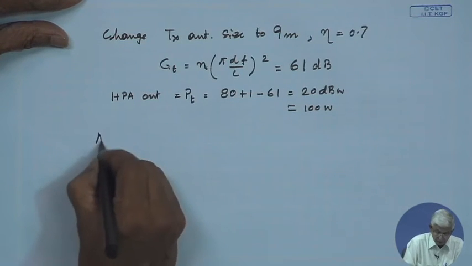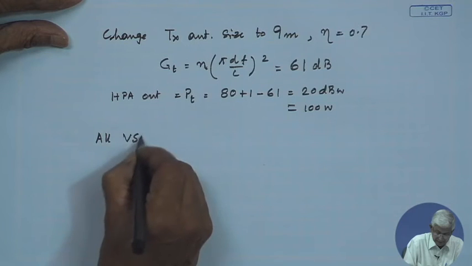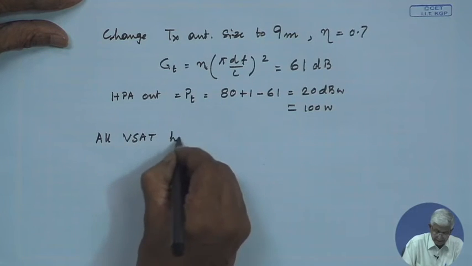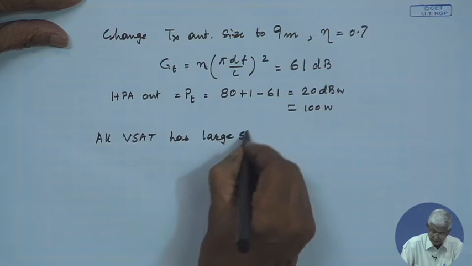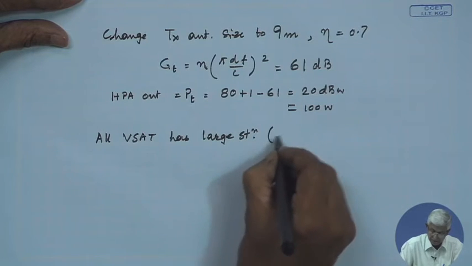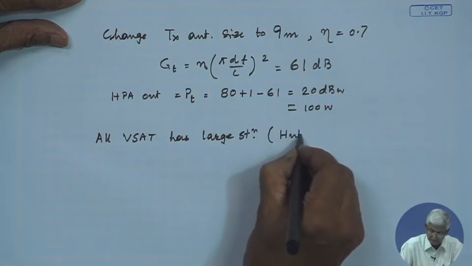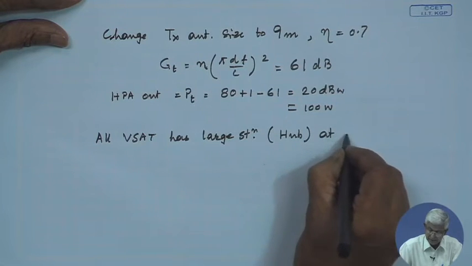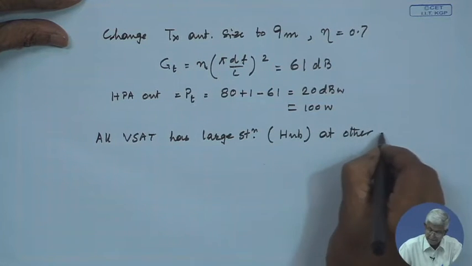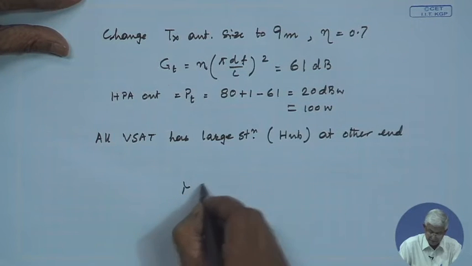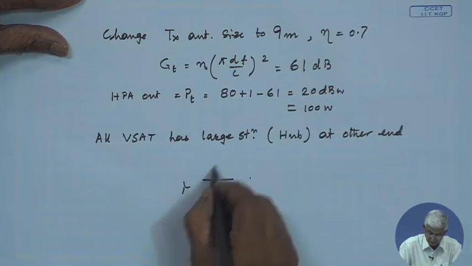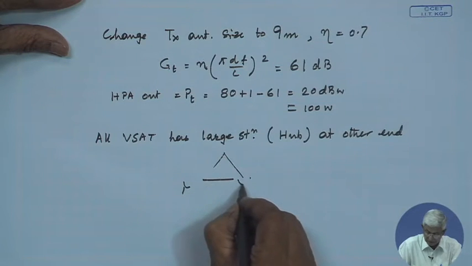So, all VSATs have a large station, we call it hub station at other end. Now, you will realize what is the word hub. There is a VSAT which is communicating with a station which is of course via satellite, which is a large station.